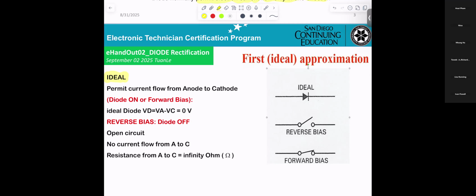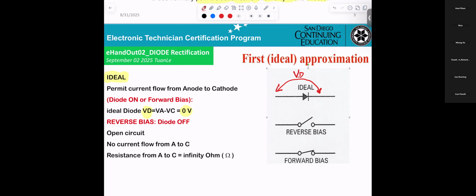And for the ideal diode, VD equals 0. That means the voltage across the diode here, they call it VD. For ideal, VD equals 0.